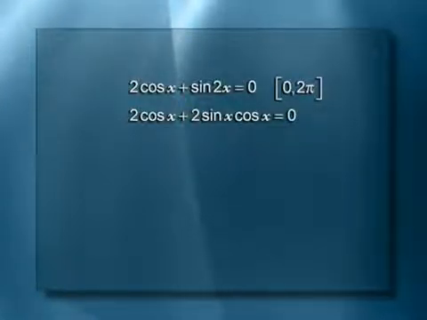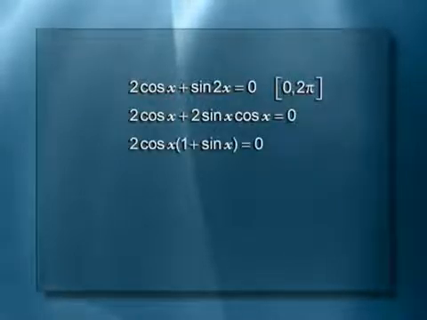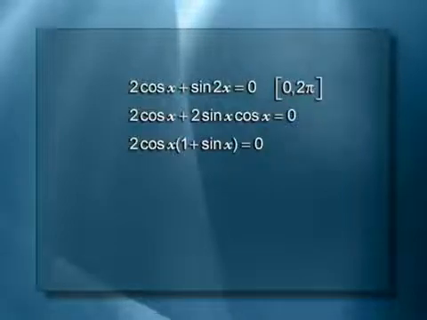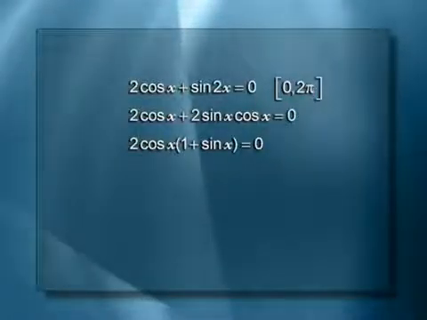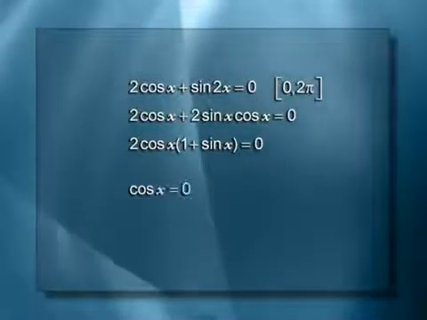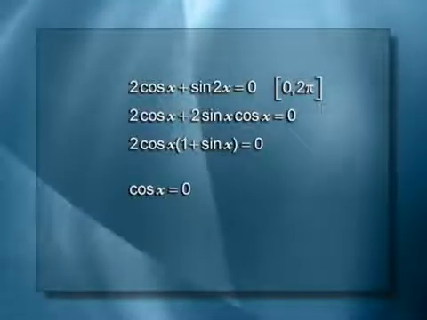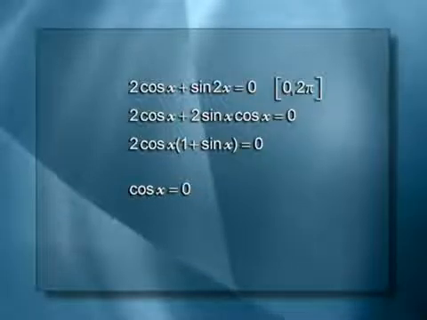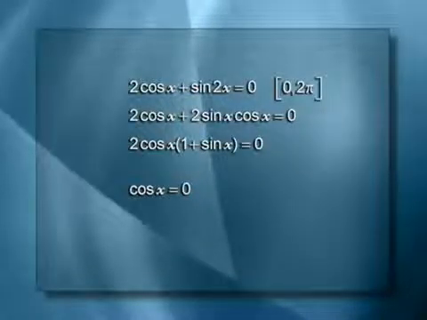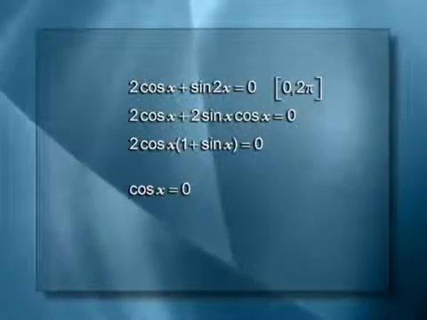Factor out 2 cosine x, and you're left with 1 plus sine x equal to 0. A product equals 0. One of the terms must be 0. If cosine x is 0, what's x? And we're back to one of these basic skills. Can you think of an x value such that the cosine is 0? And we're on the interval 0 to 2 pi.